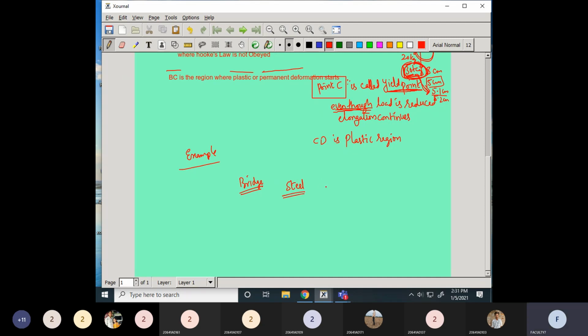Now, if you are considering a material in the form of wire or a rod like this, and this particular material can withstand up to 100 kgs of weight.